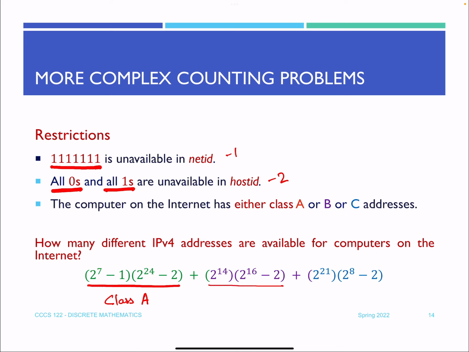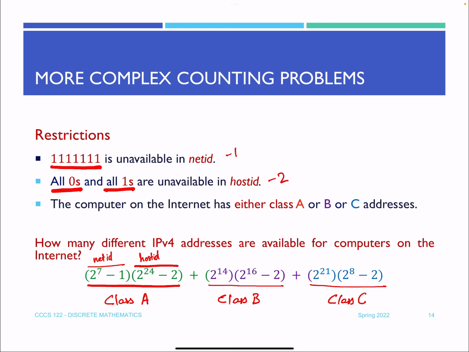Over here in purple, in the middle, we have the number of class B addresses, and here in blue, we have the number of class C addresses. And how does that work? We have the first part over here for the number of net IDs we can make. The second part over here, the number of host IDs that we can make.